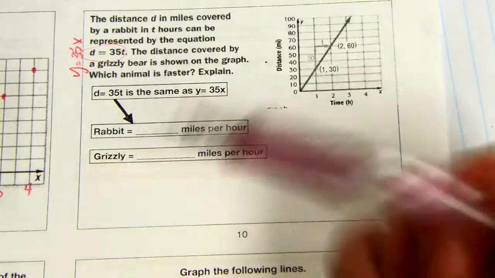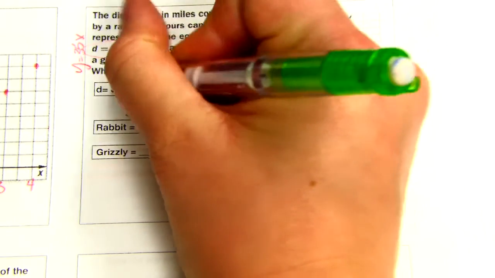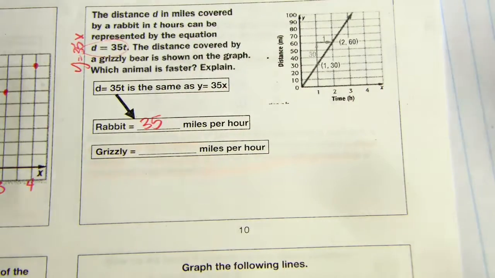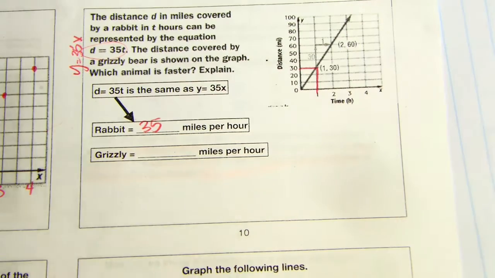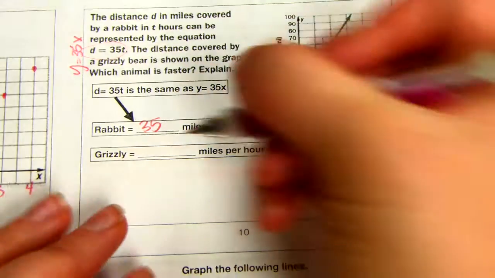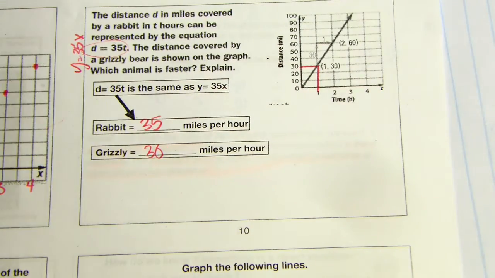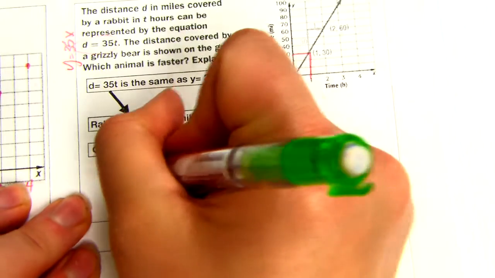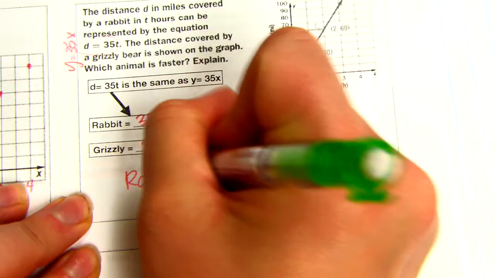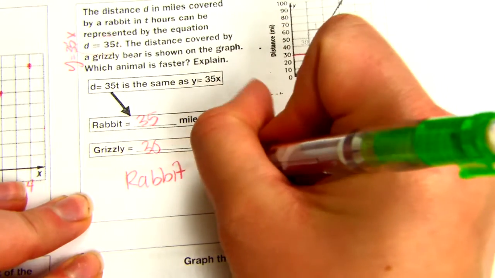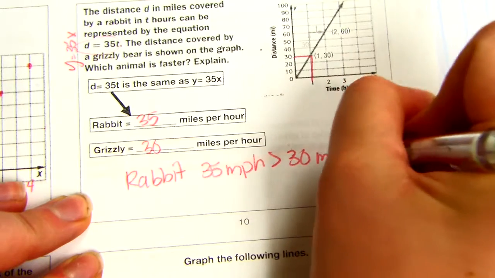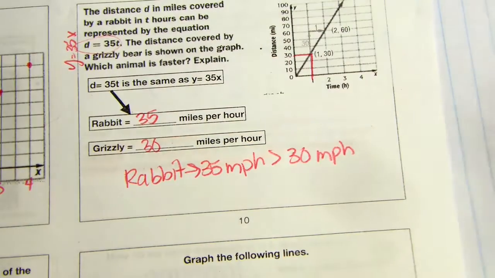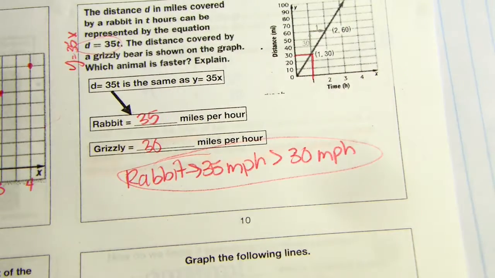So the rabbit travels 35 miles per hour, given away by that slope. Well, in 1 hour, how far can the grizzly bear go? 30 miles per hour. So we're comparing them here. Which animal is faster? The rabbit, which is probably good because it's going to get eaten. 35 miles per hour is greater than 30 miles per hour. Okay, perfect.